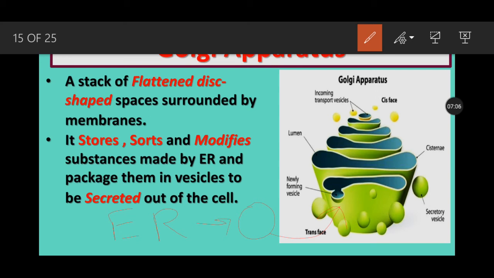This Golgi apparatus will receive these vesicles, then it will sometimes store them, sort them out and modify the substances present inside these vesicles, and after this process, these vesicles will be secreted out from the cis face of the Golgi apparatus. From the trans face of the Golgi apparatus, it receives the vesicles from the endoplasmic reticulum, and from the cis face, these vesicles are secreted out of the cell and transported to another part of the cell.